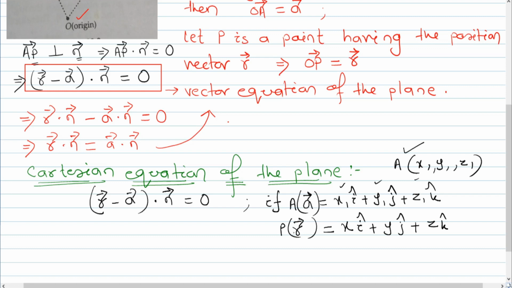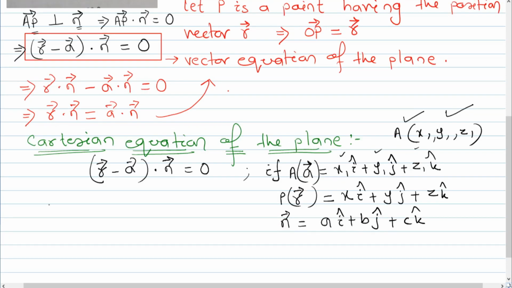The coordinate of A is known to us, and the point P is unknown to us. And n vector is the normal vector, that is A i cap plus B j cap plus C k cap.